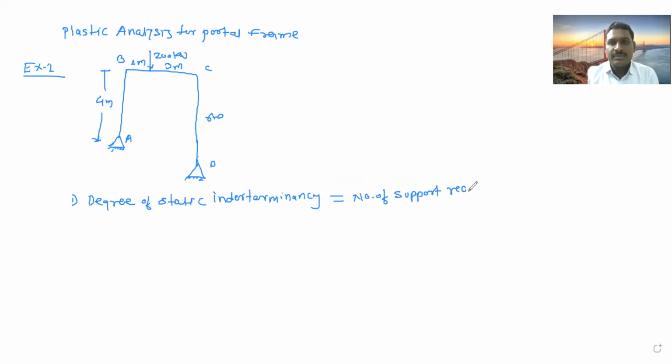Here I have to show one more load. At the top, at point B, there is a horizontal load of 100 kilonewton.